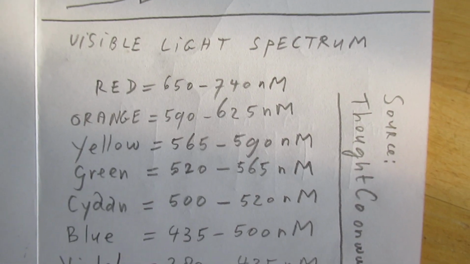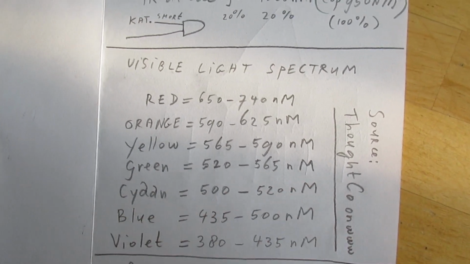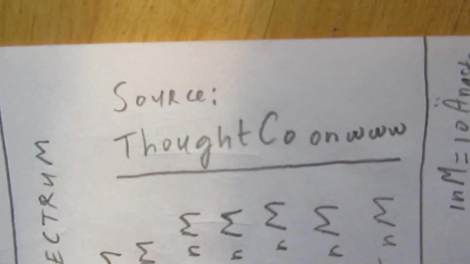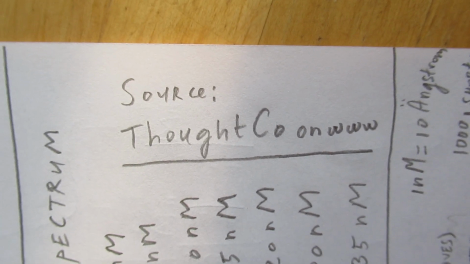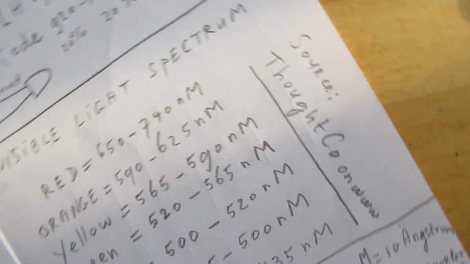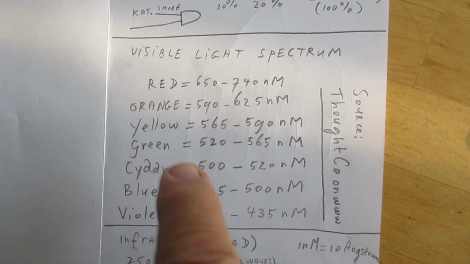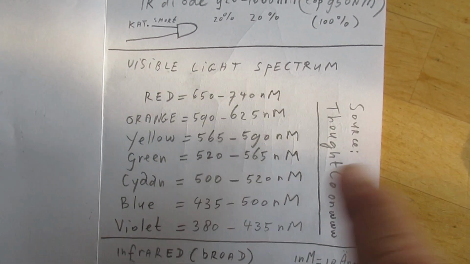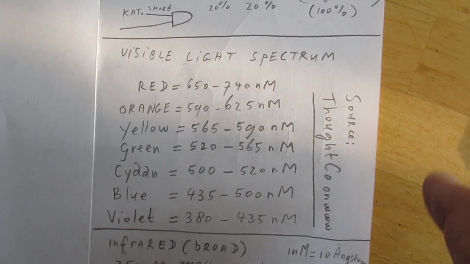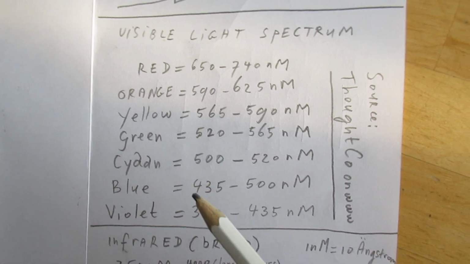Visible light spectrum, and I have to say that on other sources, this is from the Salt Co. website on the World Wide Web, on other sources they differ somewhat, and of course this is fluid. The whole color range, frequency range is fluid, and often there are no precise definitions for certain colors.